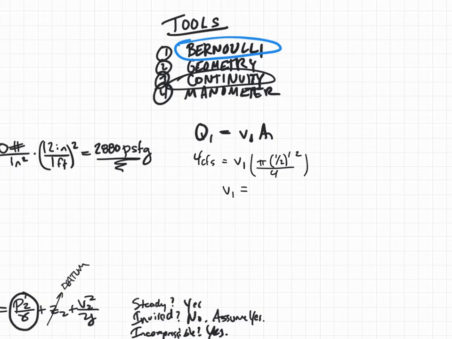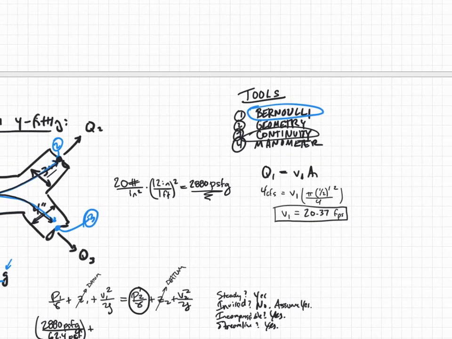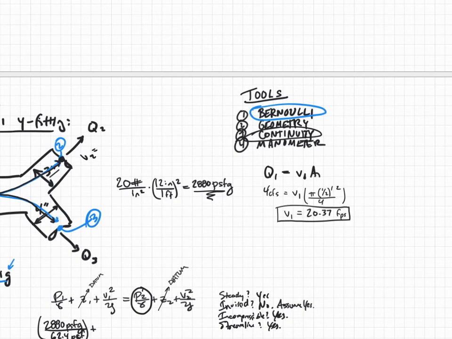So V1 equals 20.37 feet per second. I should also note that V2 is given in this problem, so put it into the givens as 40.74 FPS. It seems a little contrived to me, and I wonder why. But anyway, this is a given.